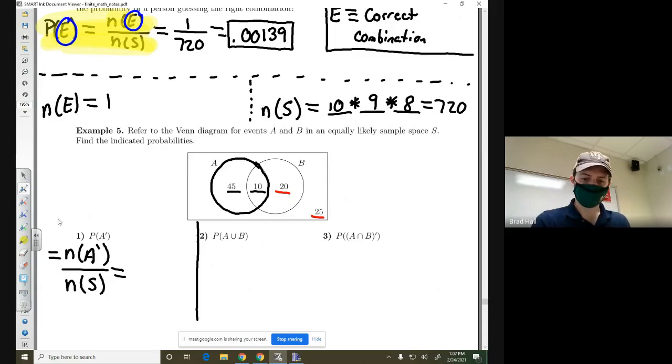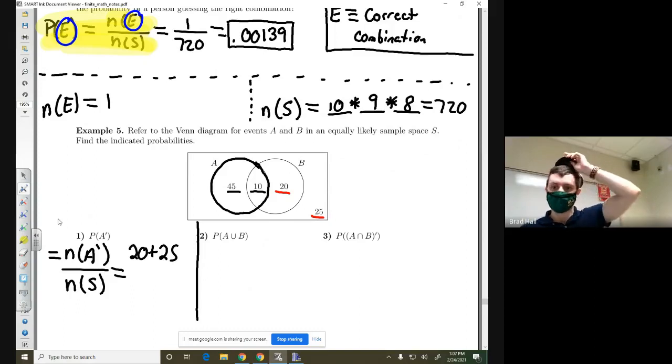So really, it's the 20 plus the 25. This is an addition rule. We're not multiplying the 2 together. We're not choosing various options. And then we divide that by the number in the sample space. Or in other words, if we remove all the restrictions, what's the total number of options?